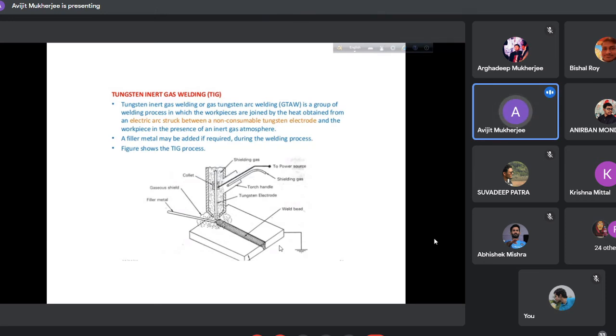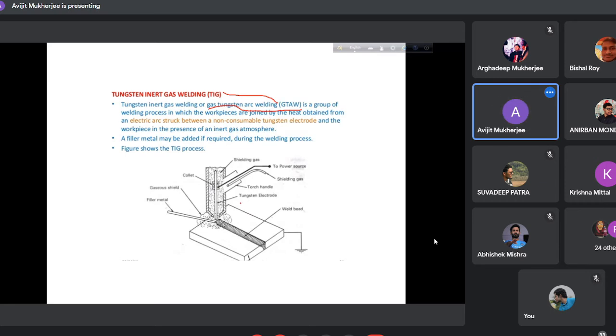Similarly, MIG and TIG welding. So what is TIG and MIG? First, TIG, tungsten inert gas welding, also known as gas tungsten arc welding, GTAW. TIG or GTAW, same.